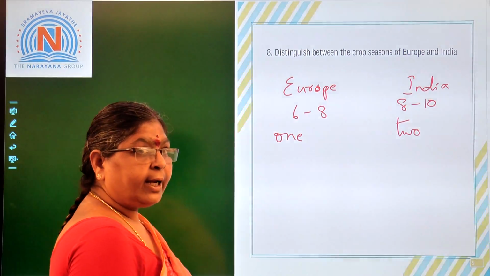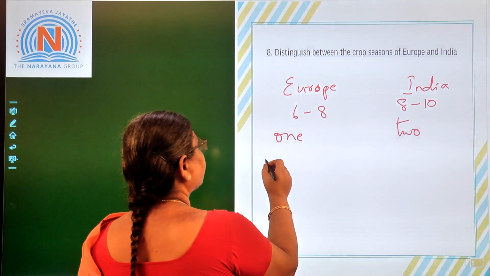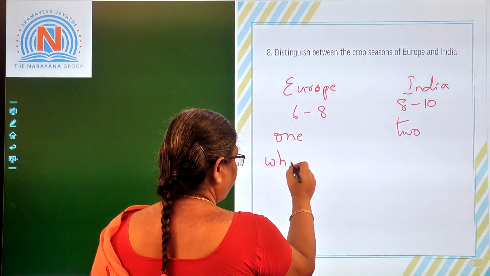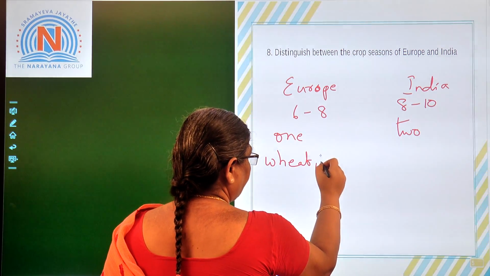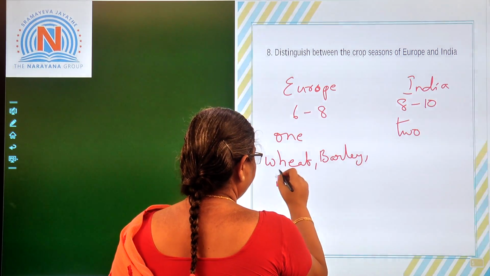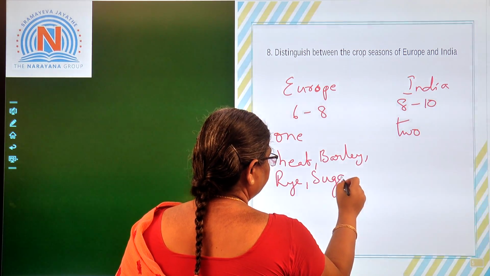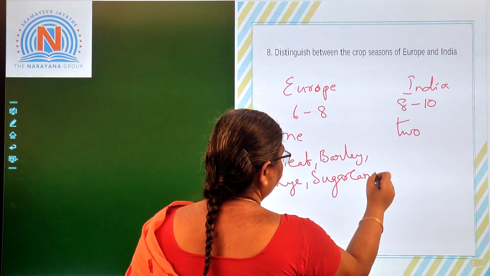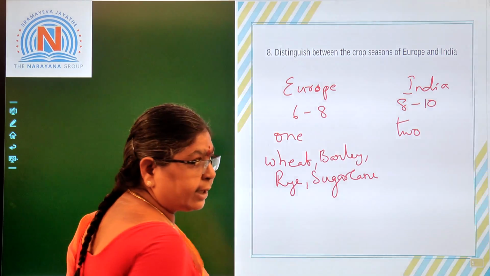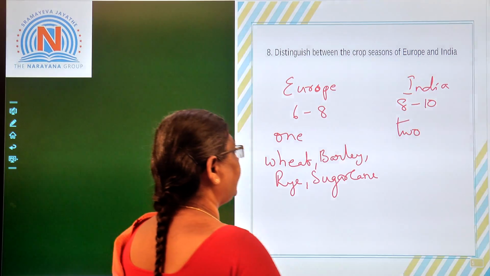And one more very important thing is, that is the principal crops. What are the principal crops that are grown here? Wheat, barley, rye, sugarcane. These are the important or principal crops in Europe. Then what are the important crops of India?